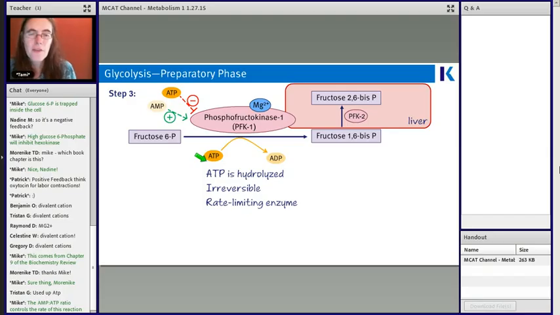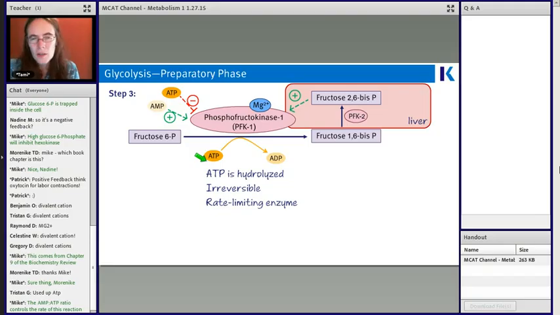If I have fructose 2,6-bisphosphate made by my liver, if I have a lot of it, it can actually activate PFK1. So it can actually overcome if I have inhibition by ATP. So if the ATP ratio is too high, this is a way that I can continue to do this reaction.